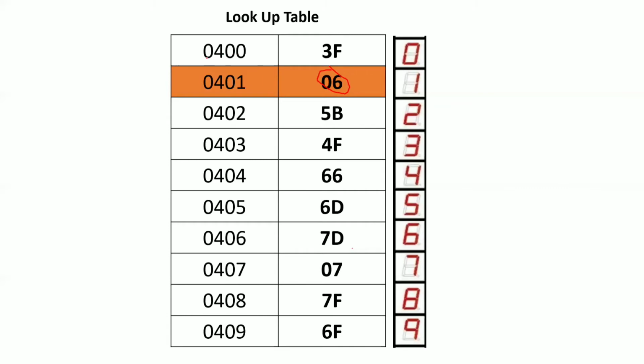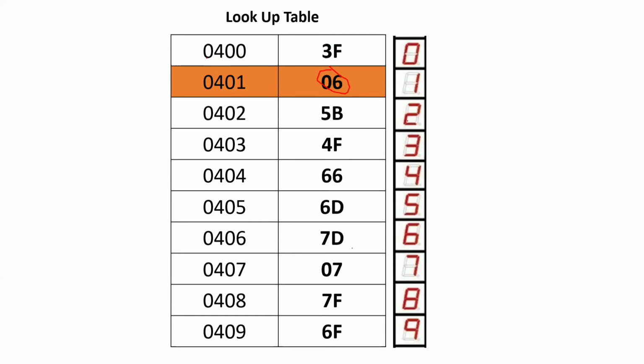Now see here, the starting address is 0400, where I have stored the codes of your 7-segment display. So 0400 consists of the code of the 7-segment display 0. 0401 consists of the code of your digit 1. The code of digit 2 is stored inside the next address location, and similarly up to 9. Now if I want to access the 0 code, I need to get the address 0400.